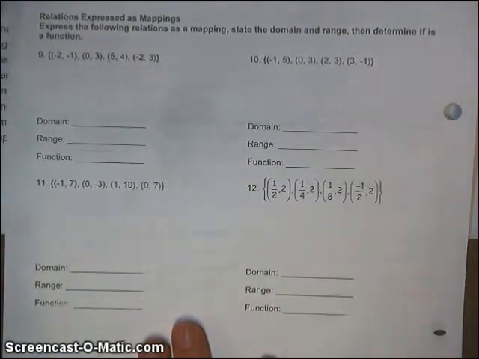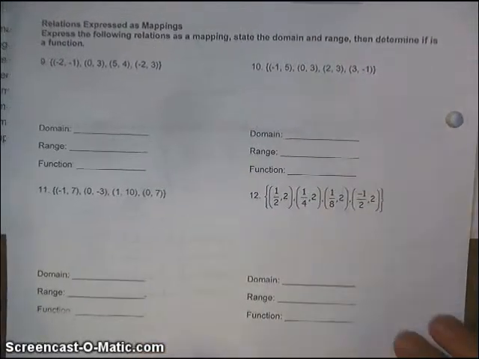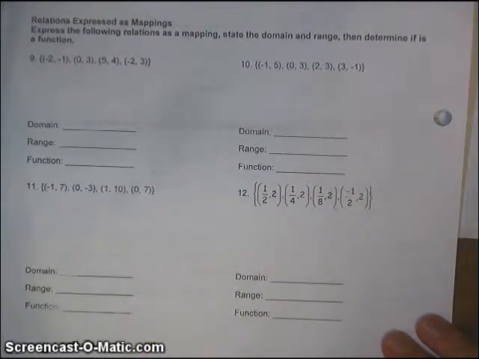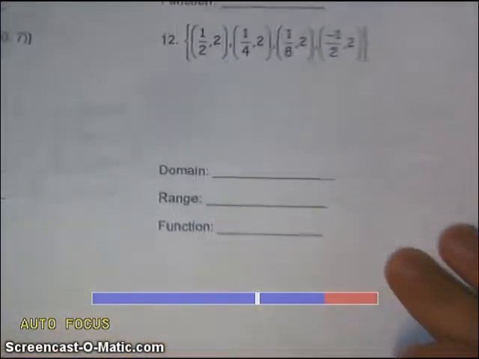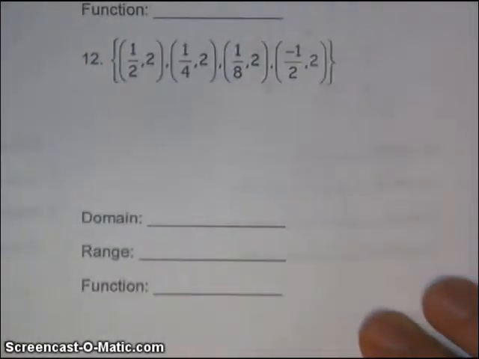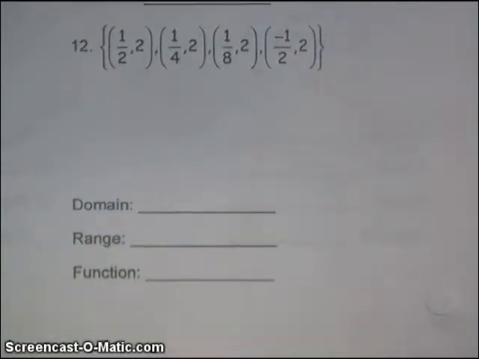Now let's talk about 9 through 12 real quick. It says, express the following relations as a mapping, state the domain and range, then determine if it's a function. Okay, so I think we maybe ought to do number 12. And before we do a mapping, I think it's easier to list the domain and the range and whether or not it's a function.